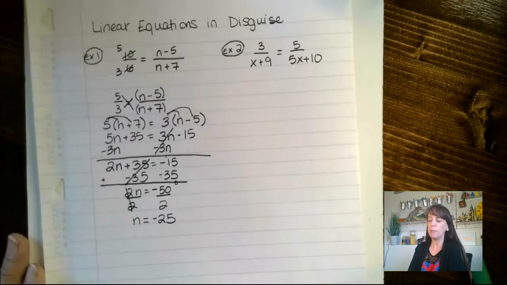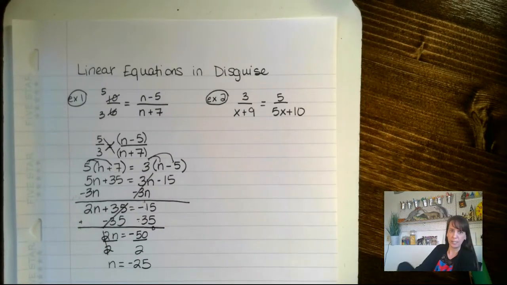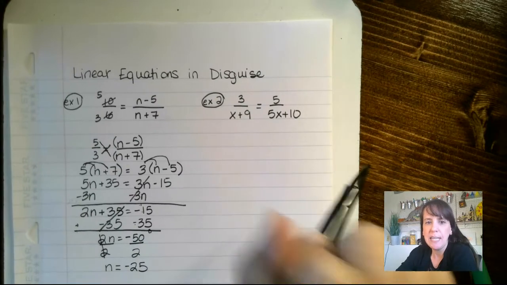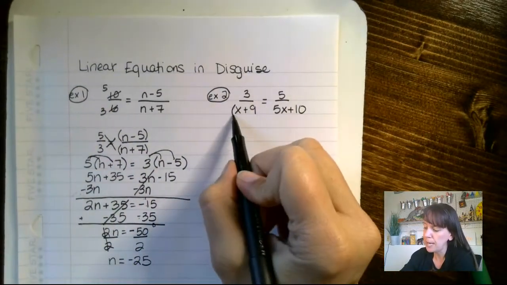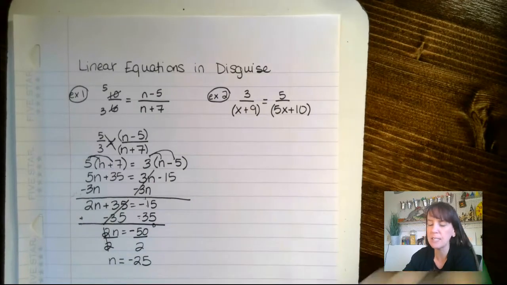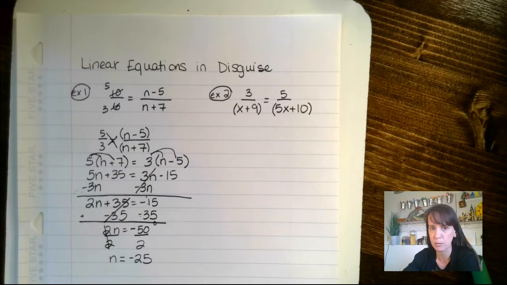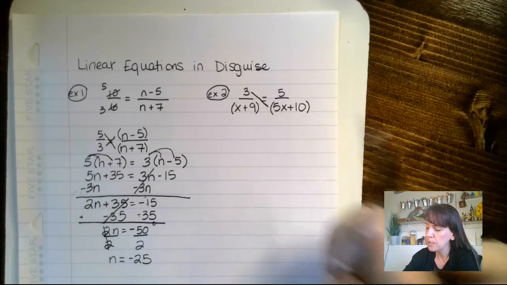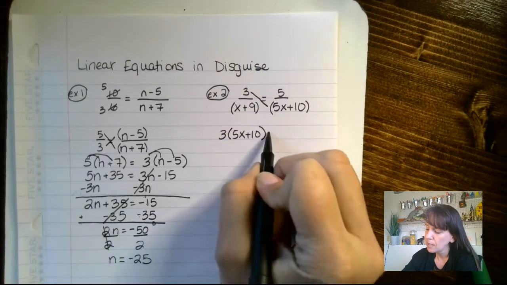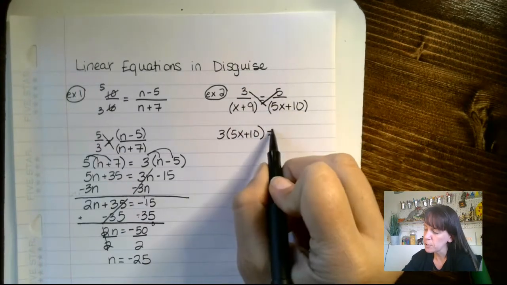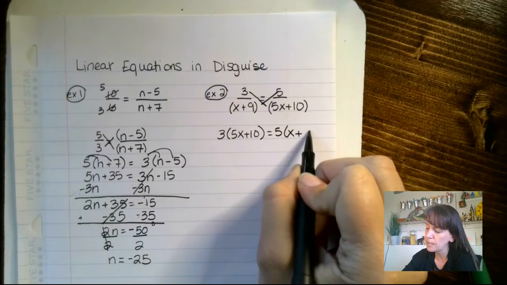Excellent. All right, we're going to apply that same rule over here as well. Taking a look at this one, there's nothing that I can reduce here. So what I'm going to do is protect my addition and subtraction with parentheses, and that also helps remind me to distribute. I'm going to do 3 times all that garbage here. So 3 times 5x plus 10 equals 5 times all that garbage here, x plus 9.